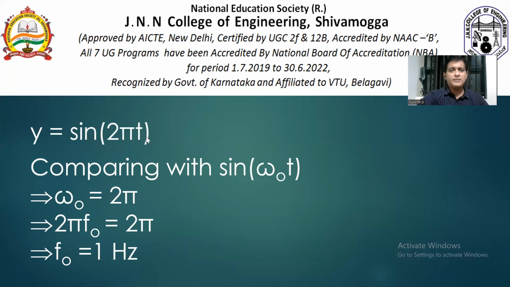So sine 2 pi t is a sinusoidal signal of amplitude 1 and frequency 1 hertz. This is something we need to understand, and we shall try to plot it using the Python software. Is it okay with you? Fine.